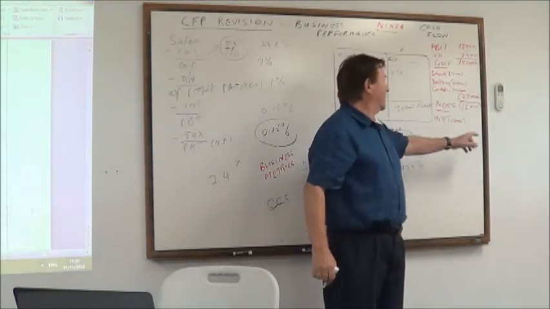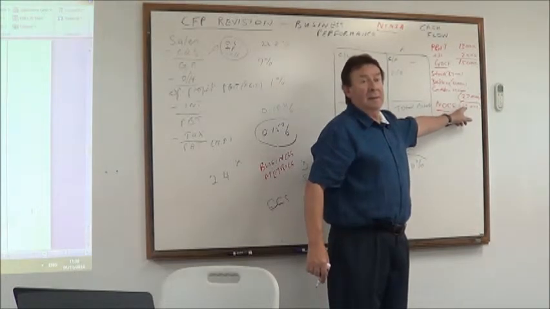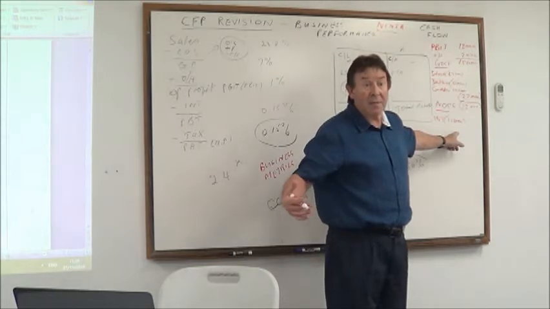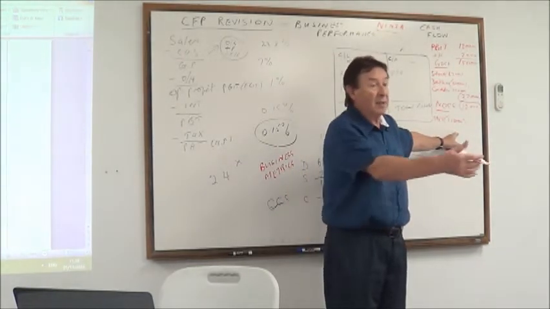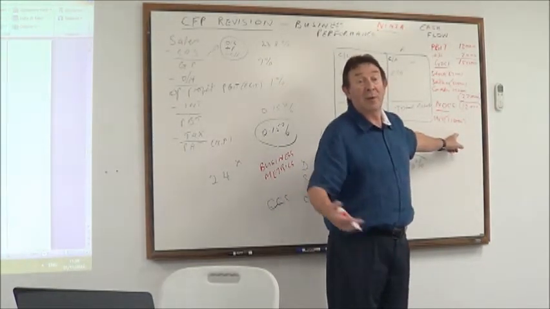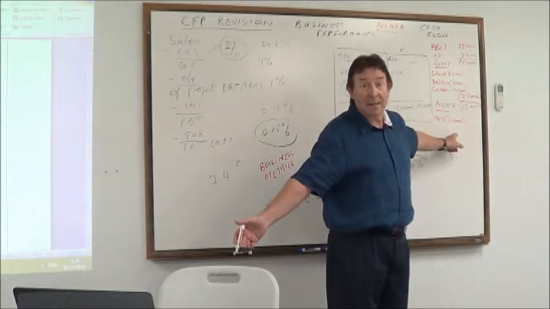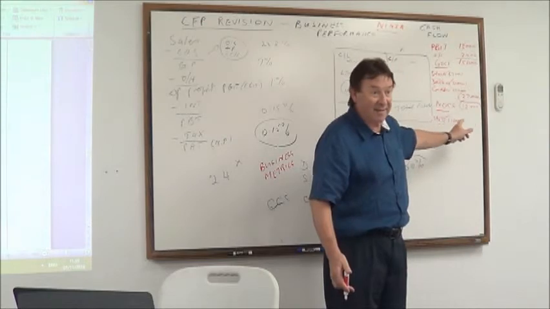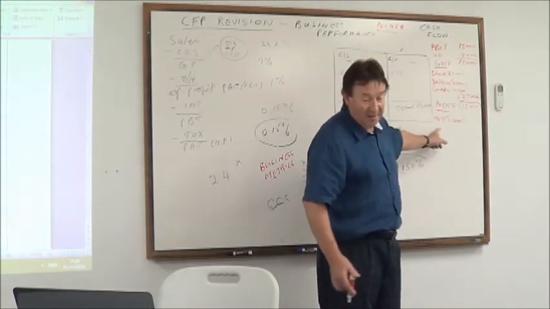So you can see the problem that he's got. He's got no cash here to pay his interest cost, which means he's got to get cash from somewhere to pay the bank's interest cost. He might have to borrow money from the bank to pay the bank their interest cost. So his cash flow is in a real mess, yeah? It's in a mess. So let's see what comes next.